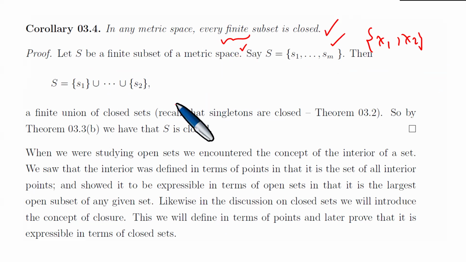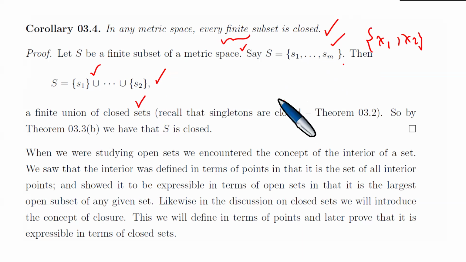This is the proof. Let S be a finite subset of a metric space. Because it's finite, we can say S contains s1, s2, s3, up to sm. This is powerful because S has finitely many elements, so you can write it as a union of singletons, which is a finite union of closed sets.